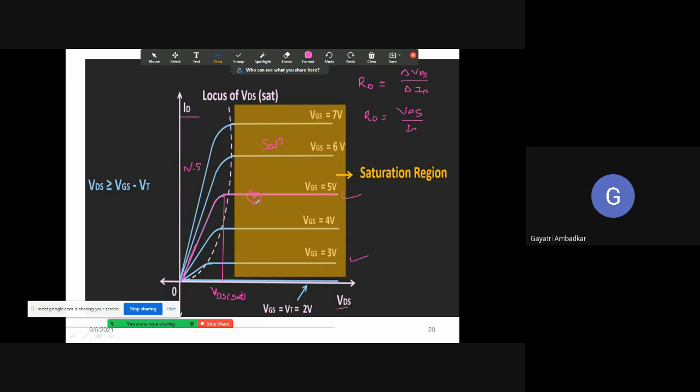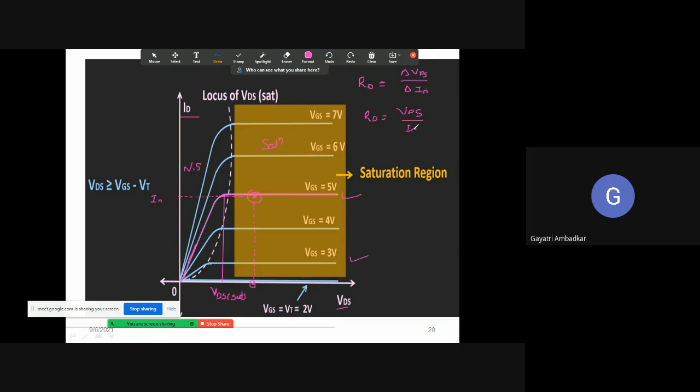So I'll find the value of VDS here and note it down, and find the value of ID at this point and note it down. So I will get the resistance at a particular point, which we call DC resistance or static resistance.